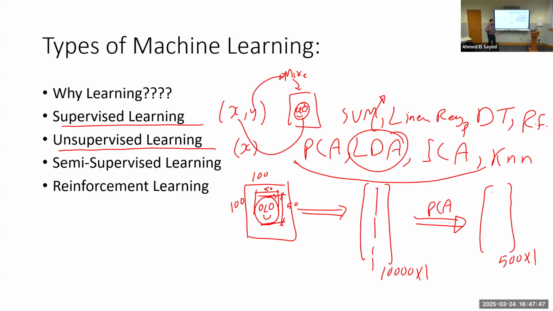The most important components inside here will be converted to these 500 components. Actually, there is a lecture about principal component analysis available on campus for you to watch, which is included in the midterm.